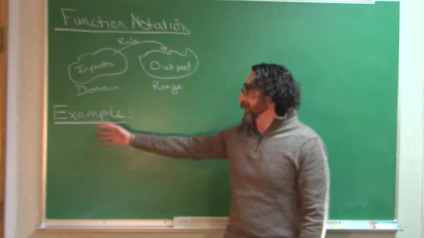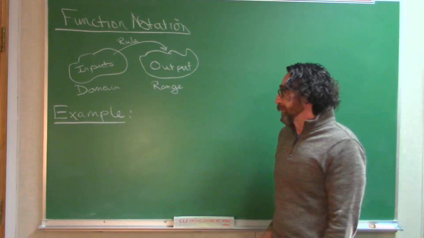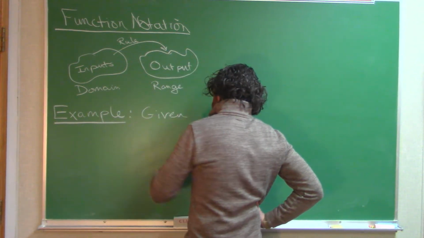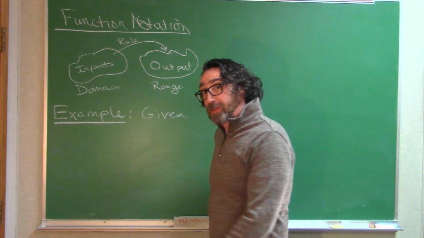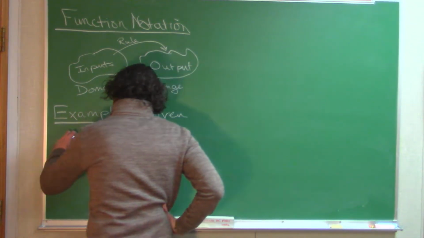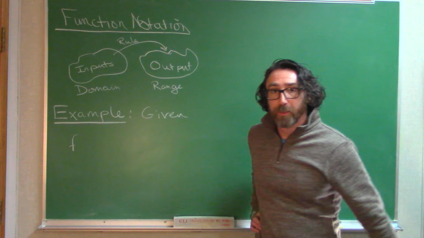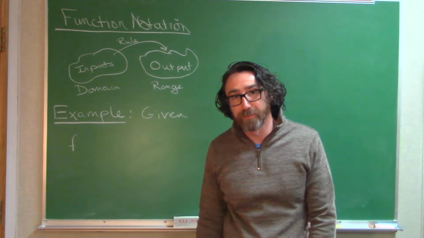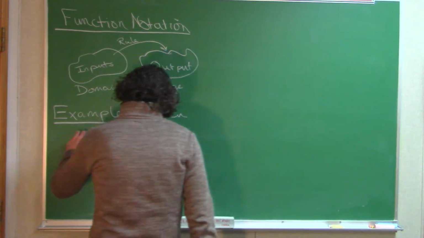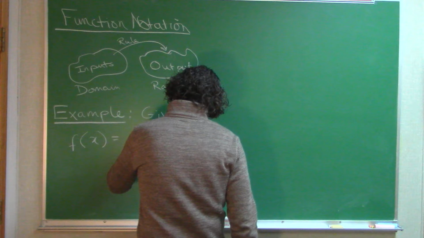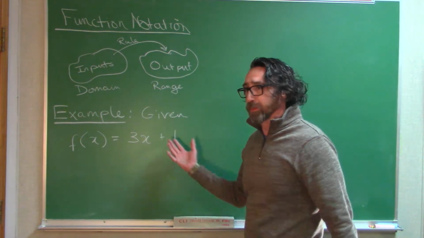So let me just dive right in with an example of this function notation. Mathematicians are not very creative with our names and symbols. Typically when we're talking about a function, we'll call that function f for function. So given this function, let's just do a simple function.